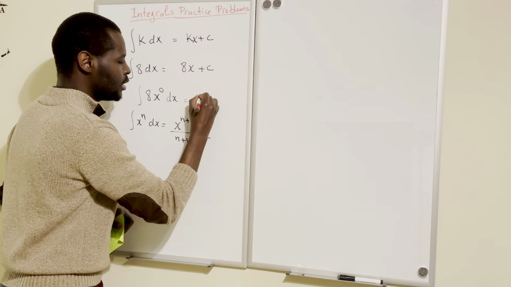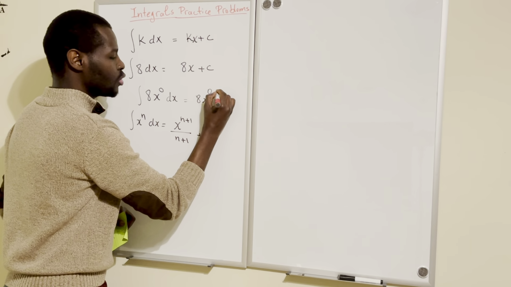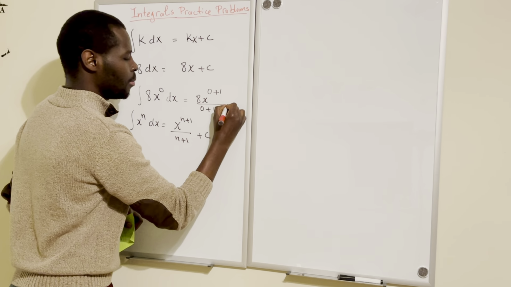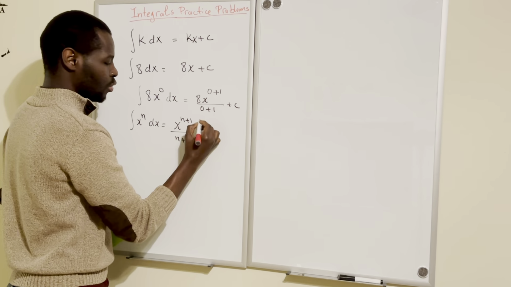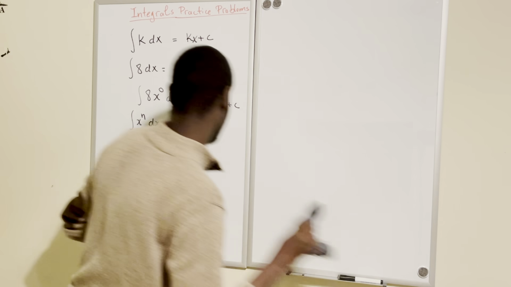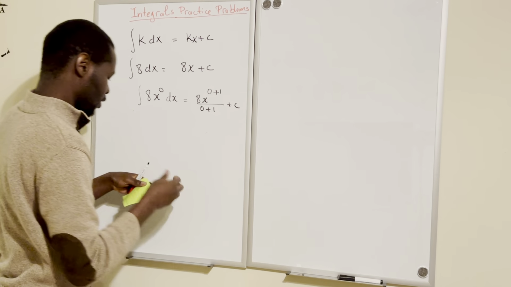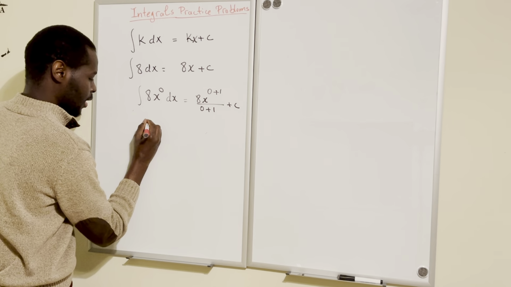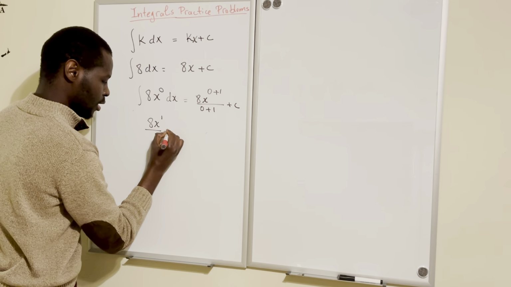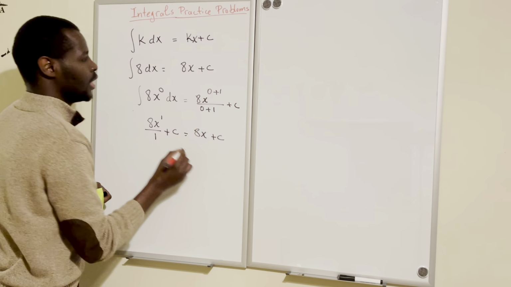So this gives me 8x to the power 0 plus 1 divided by 0 plus 1, plus a constant, which is 8x to the power 1 divided by 1 plus a constant. This equals 8x plus a constant, and that's why we get this.